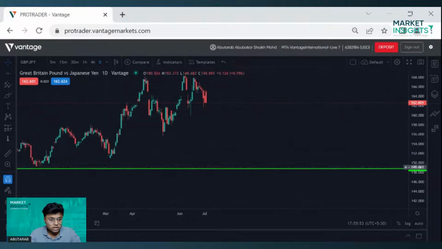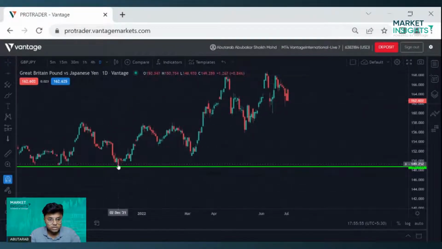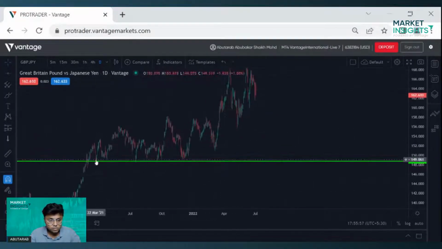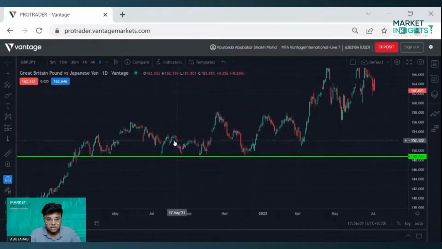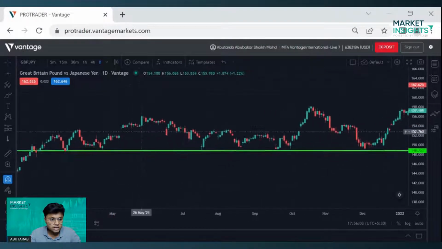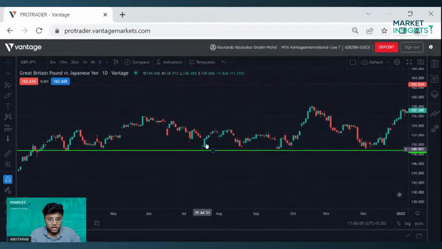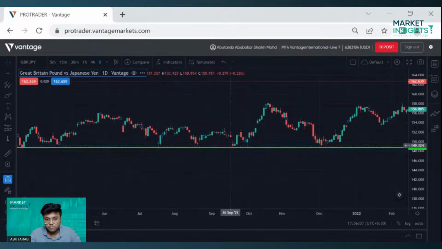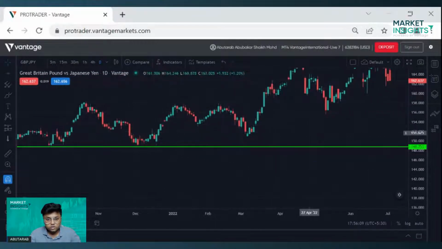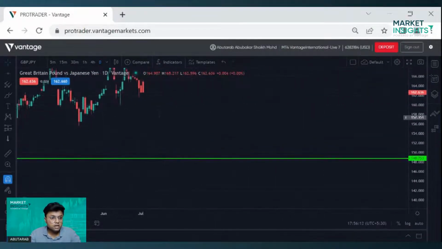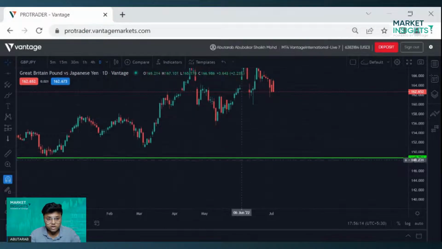Now here we can see that the price touched this support level. Multiple times it has been tested. The price tested here, it went back up. Price tested up, price tested up. So this is a very important level in pound yen.